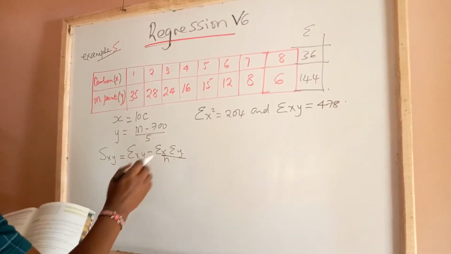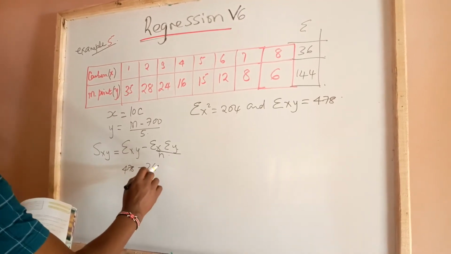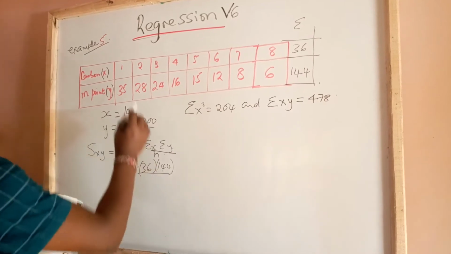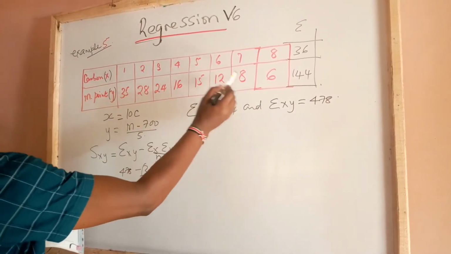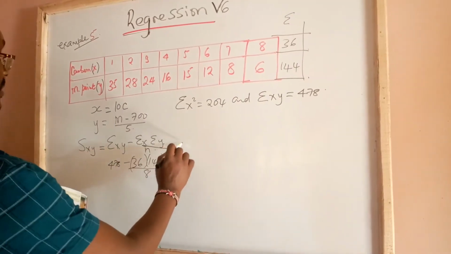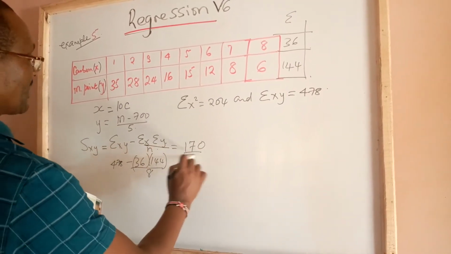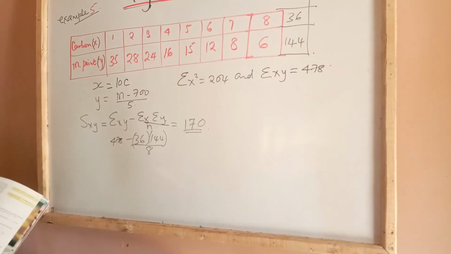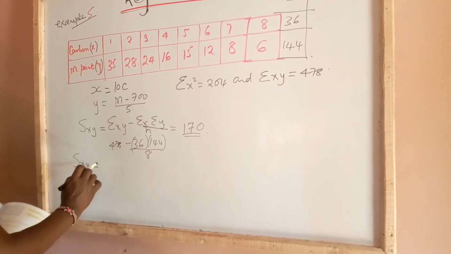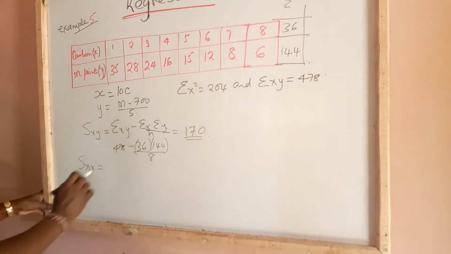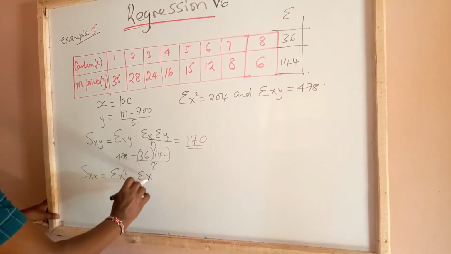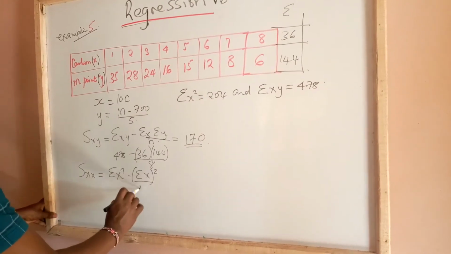So we substitute sigma x, which is 36, multiplied by 144, and this part divided by 8, and we have this one to be 170. That is SXY. What about SXX? SXX is given by the sigma x squared minus sigma x squared over n.